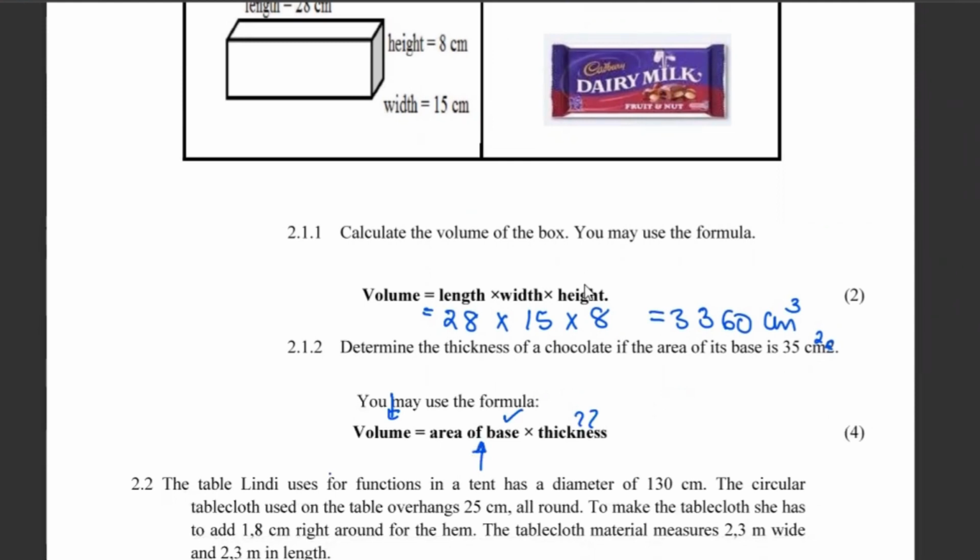What about only one? What's the volume of only one chocolate? So you will take 3,360 divided by 80. I'm looking for the volume of only one. So you see that the volume of only one is 42 centimeters cubed.